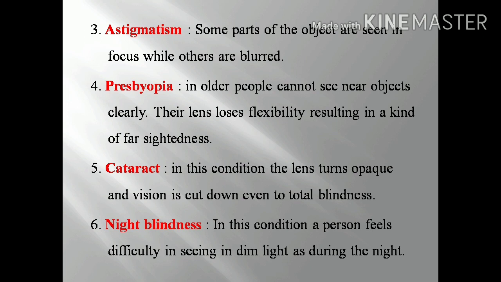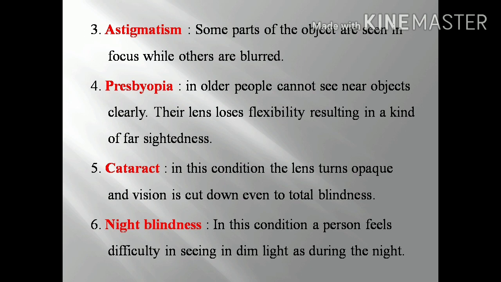Next, night blindness. In this condition, a person feels difficulty in seeing in dim light, as during the night. They cannot see objects during night. This is due to non-formation of the pigment visual purple of the rods.